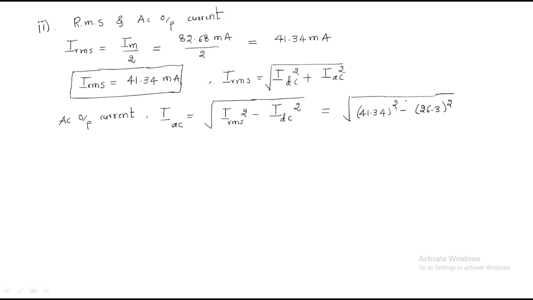By doing this, we will get the pure AC output current, whose value is 31.89 milliamps.